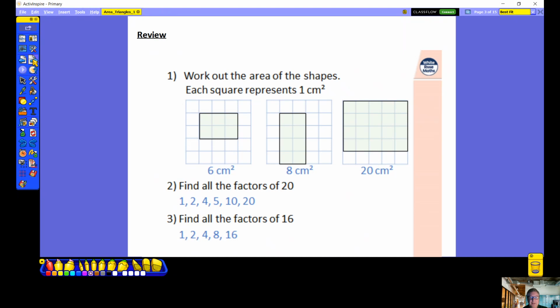If you made any errors, go back, have another look at the answers, see if you can work backwards. What is it that's holding you back? Is it factors? If so, work them out in pairs. 1 times 20, 2 times 10, 4 times 5. If you work them out in pairs and you have all those, brilliant.